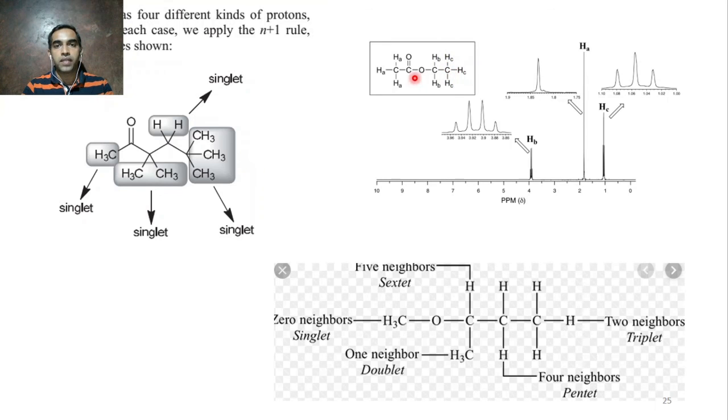Here this is attached to carbonyl, electron withdrawing, so this will come a bit downfield. If you take the CH2 of this, it is attached to oxygen, so it will come further downfield. And this CH3, which is not attached to any electron withdrawing group, will come most upfield.